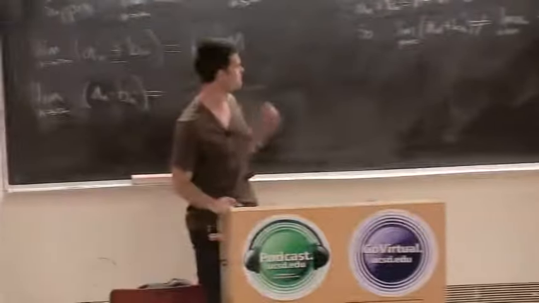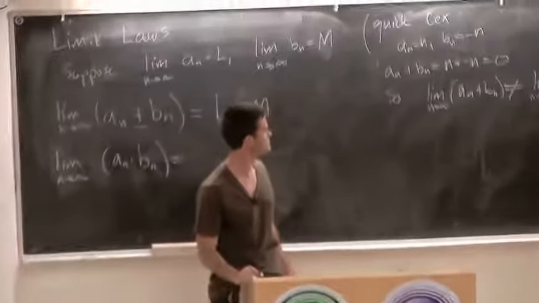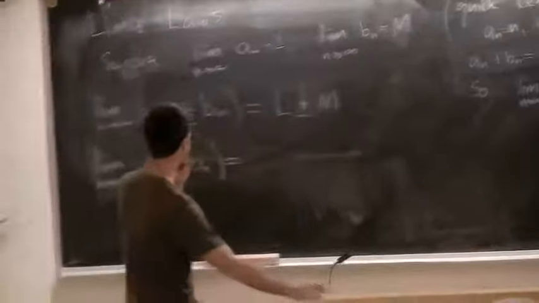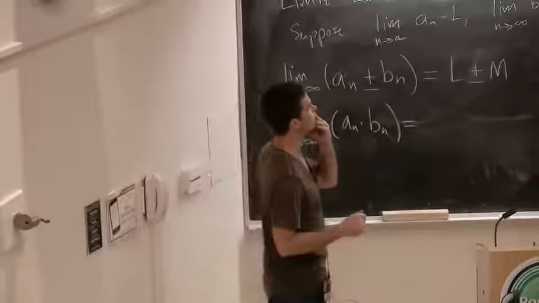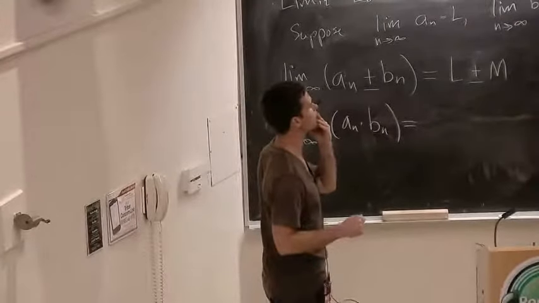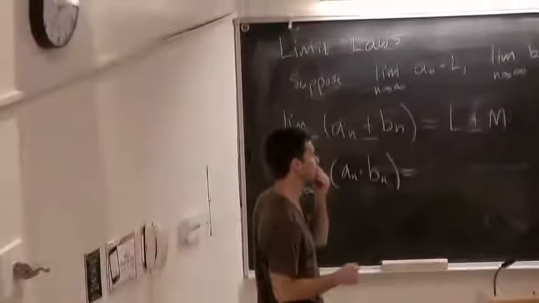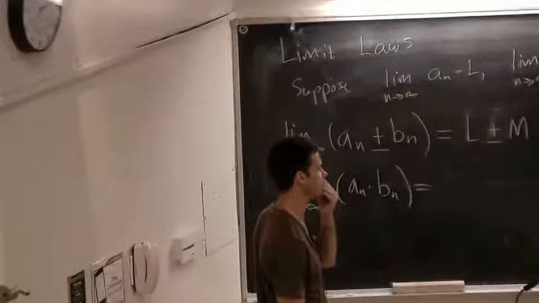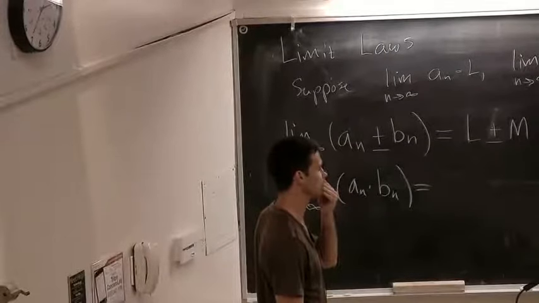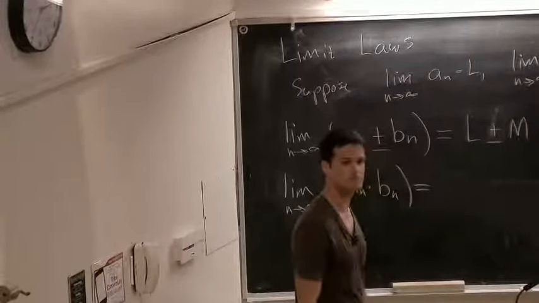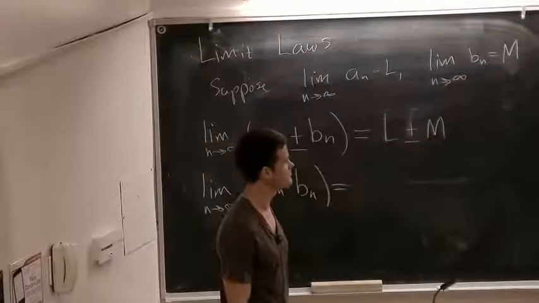So with the left side of your quick example, a sub n plus b sub n equals n minus n equals 0, that's not allowed to be applied because the limits are infinite? Right.